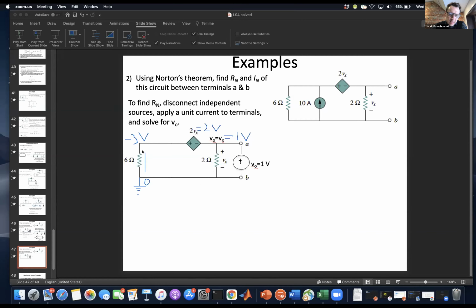So the current here is equal to -0.5 amp. Or no, sorry, not negative. Positive. Right? This is 0 minus -3, over 6. So this is 0.5 amp. So 0.5 amp is flowing here. Let's see.